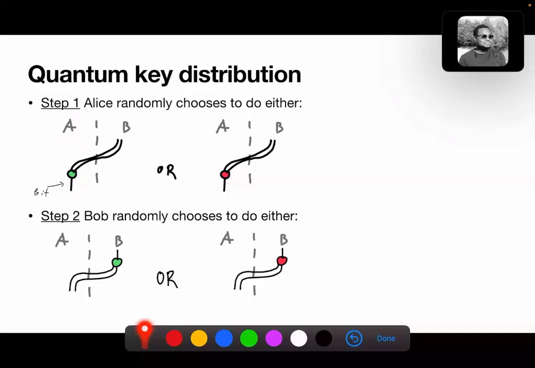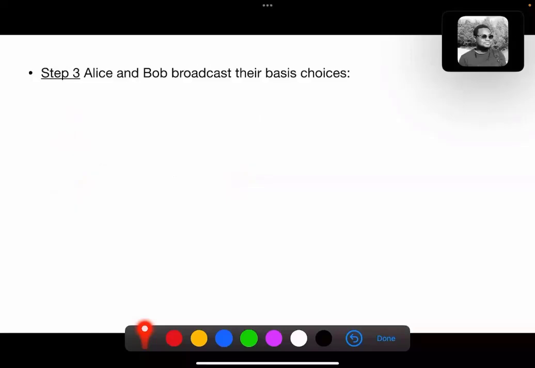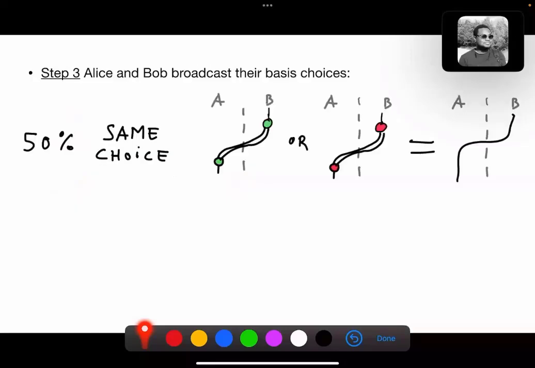And then step 3, Alice and Bob are going to broadcast their choices. Here there are kind of 4 possibilities, but if you look at it in another way, there are 2 possibilities, and both of them have 50% probability.